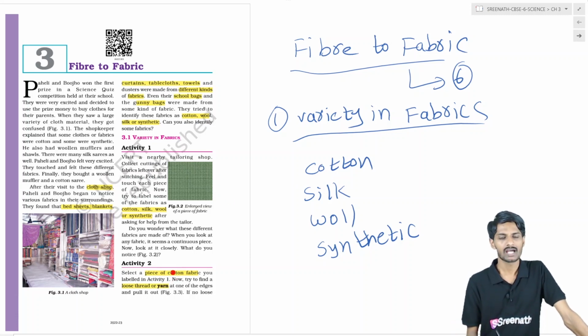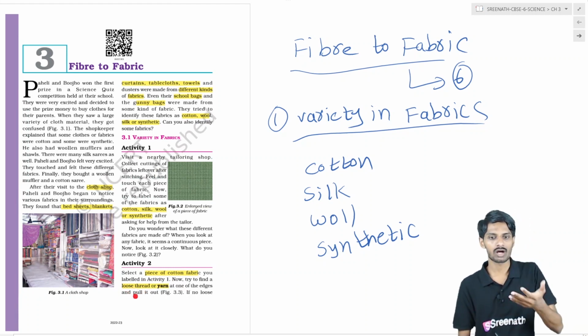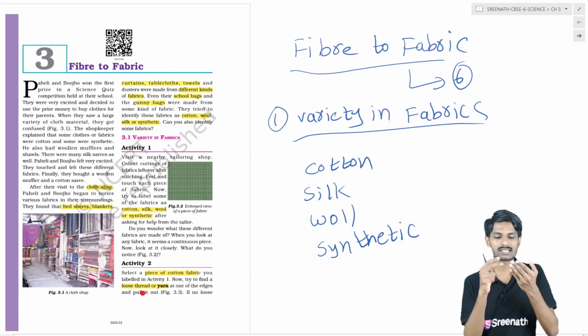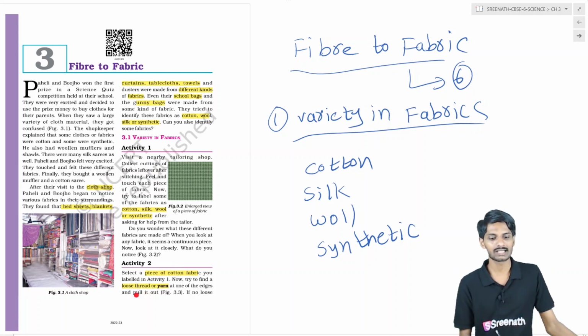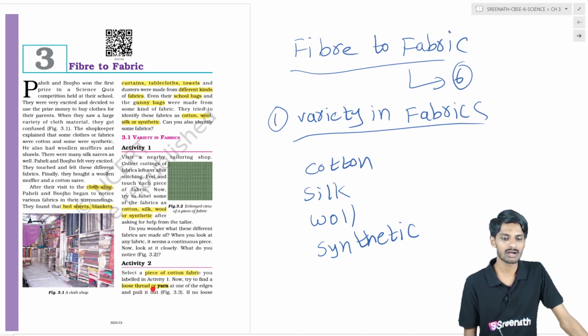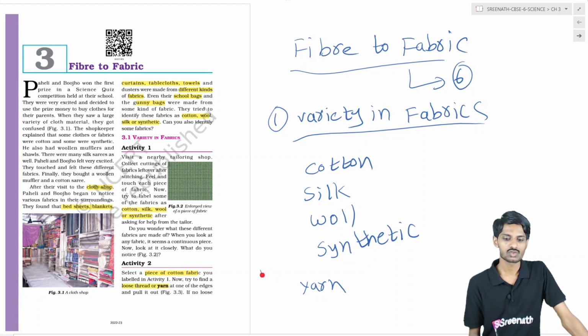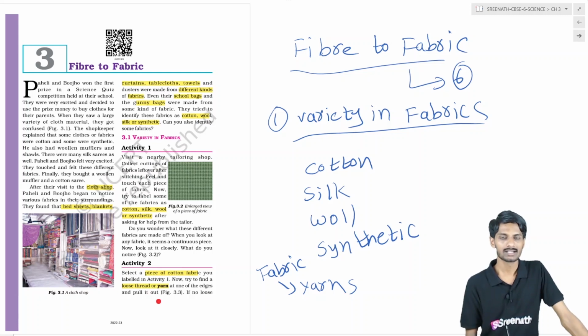Take one cotton fabric, cut a piece, and from the piece try to pull loose one of the long threads. We call that long thread the yarn. So from fabric you can get yarns. Yarns are nothing but long threads.